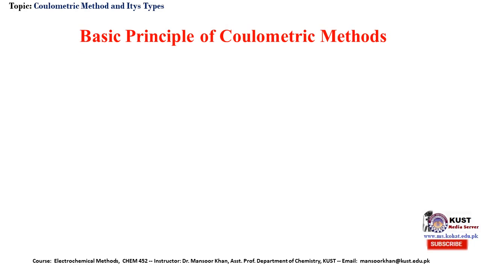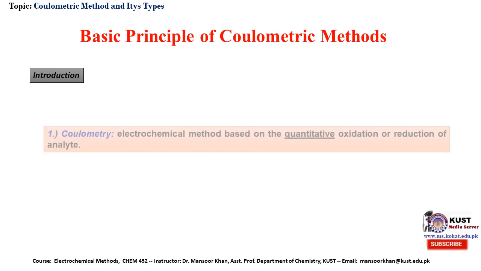Now the second part of our presentation is the basic principle of the coulometric method. This is our main goal. In this whole chapter we will discuss coulometric methods, which are used for qualitative and quantitative analysis.